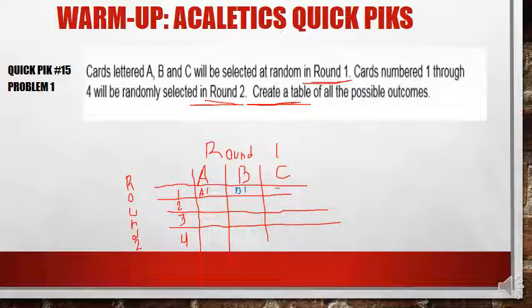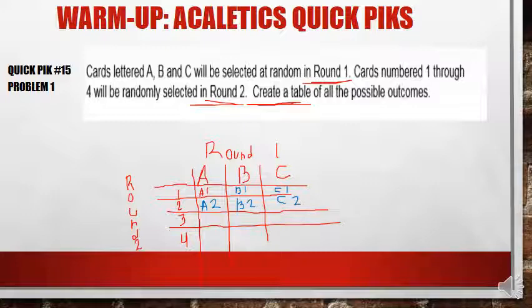So this is going to be C1. I'm going to go back this way. Now I'm going to go down to 2. So it's A2. This is B2. This is C2.